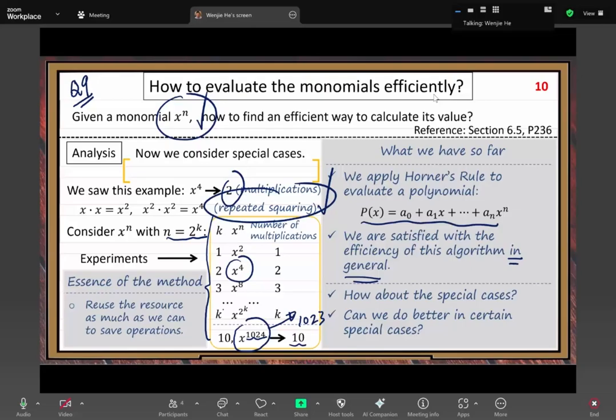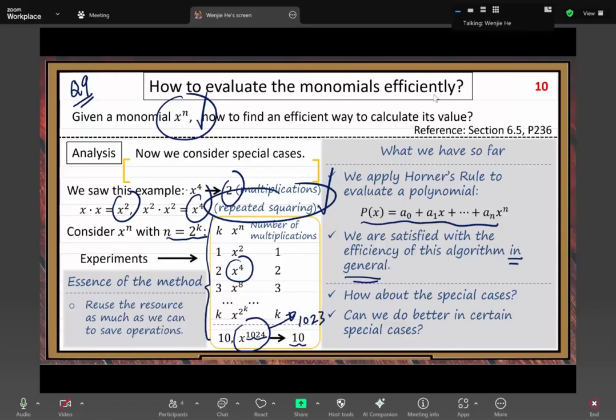For example, after you do the first multiplication, you have x squared. We treat this x squared as a resource because it is useful when we calculate x to the 4th. Something useful, we treat it as a resource. So it's our computing resource, useful when we do computation.